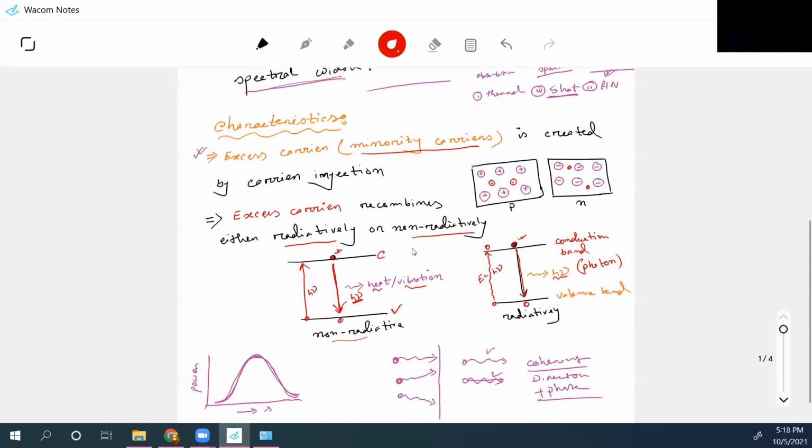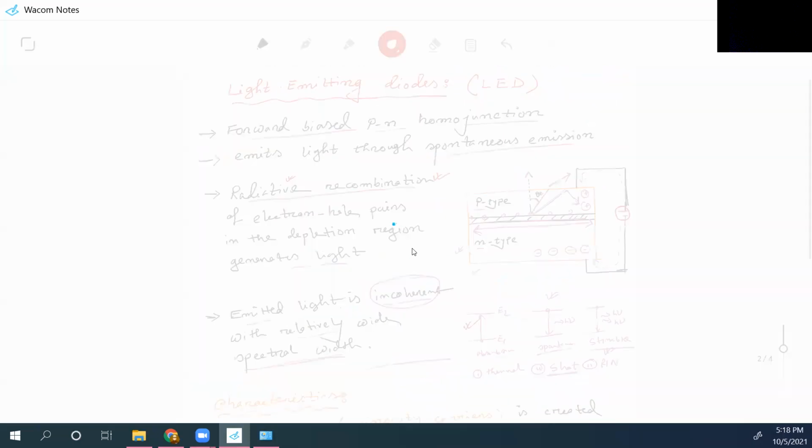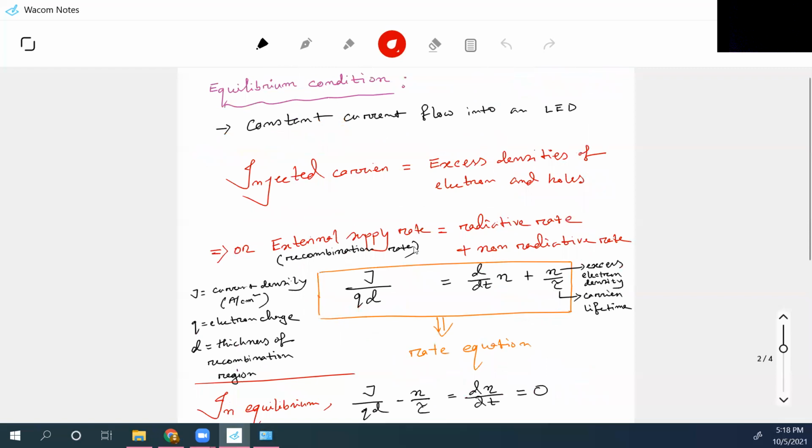Okay. So we know some of the definitions, right? Let's see. In equilibrium condition, what happens? In equilibrium condition, constant current flows into an LED. That happens actually in practice. So what does it mean actually?